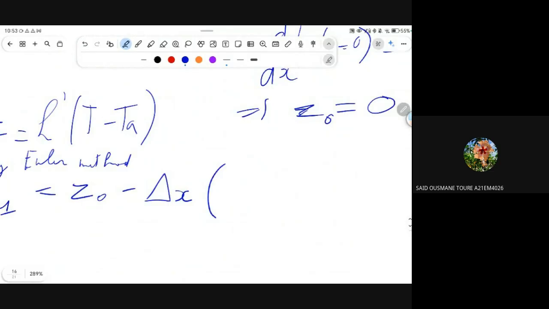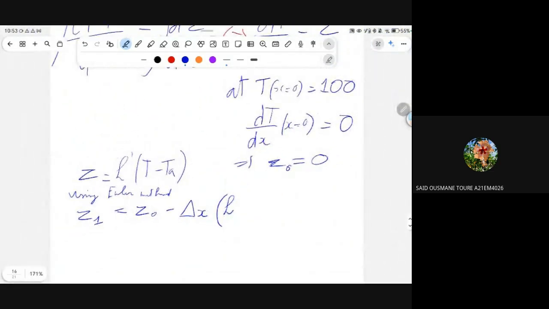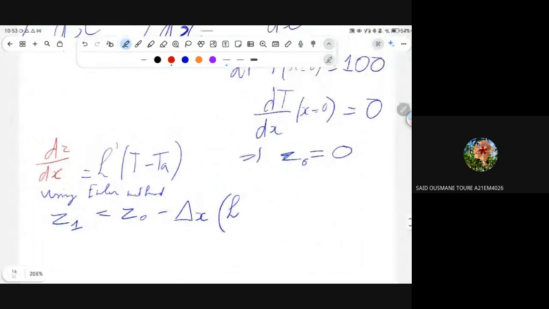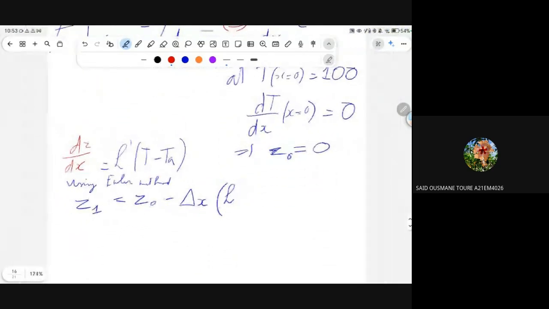We have h, which is really, oh no, we don't have this. It's not z. Actually, dz over dx equals this. Z equals dt over dx. Now dz is the same as this one. So we use this one. So it equals step size times dz over dx. Simple as this.